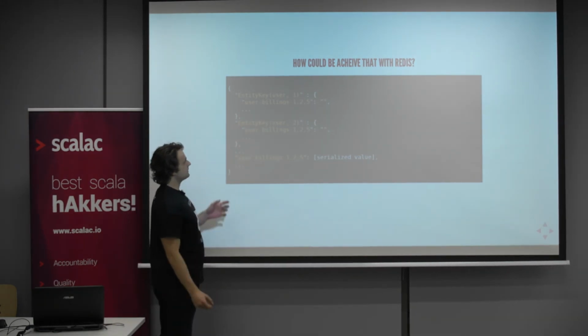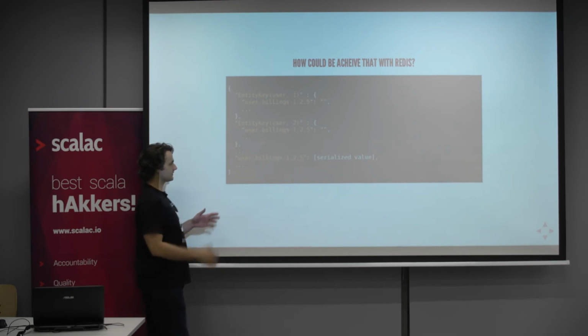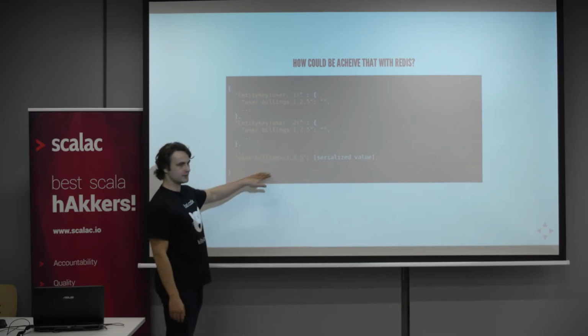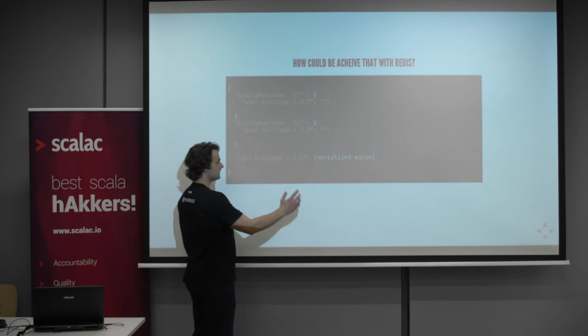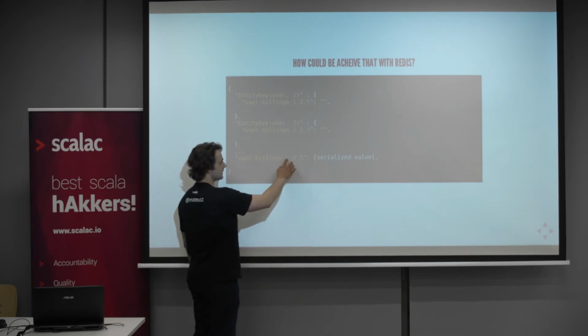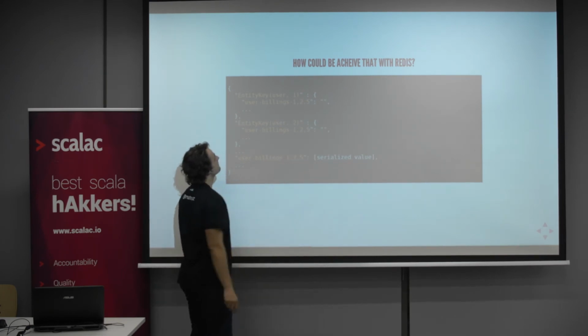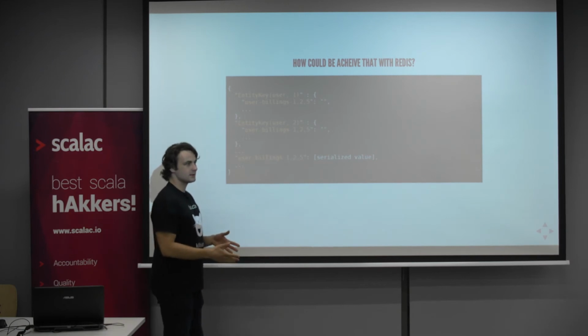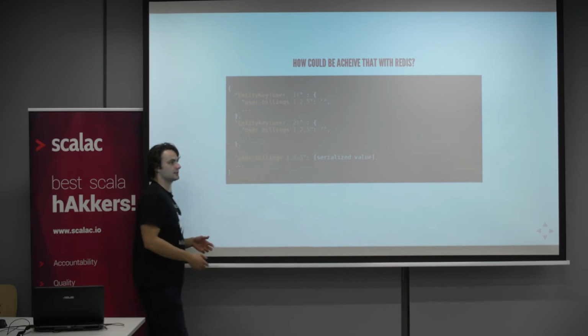We use it when you know that your user billings were generated using data from users with ID 1, 2, and 5. And for instance, you figured out that the first user changed, so the data is no longer valid.